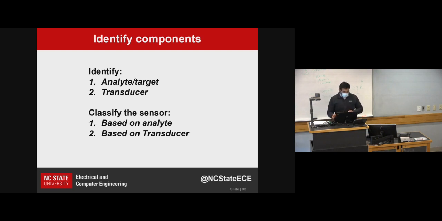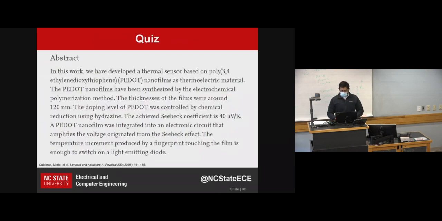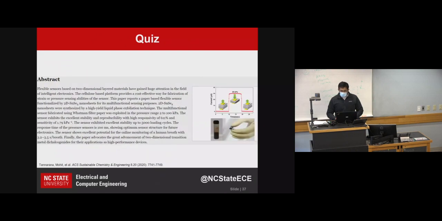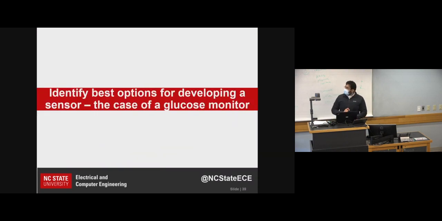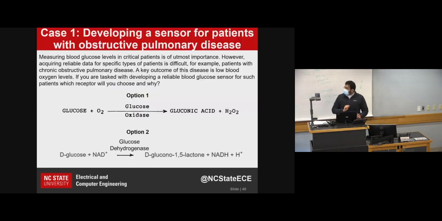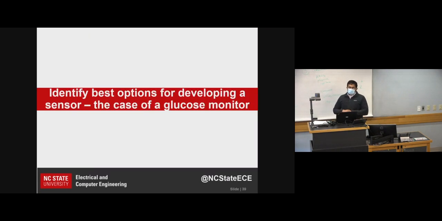So I'm going to take the liberty and give you some simple homework. Identify the best options for developing a sensor. We are going to take a simple case of a glucose sensor. Everyone taking glucose sensor?